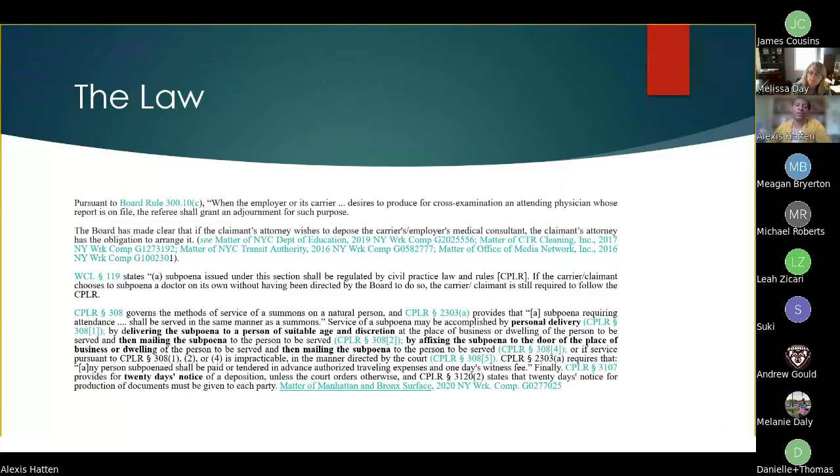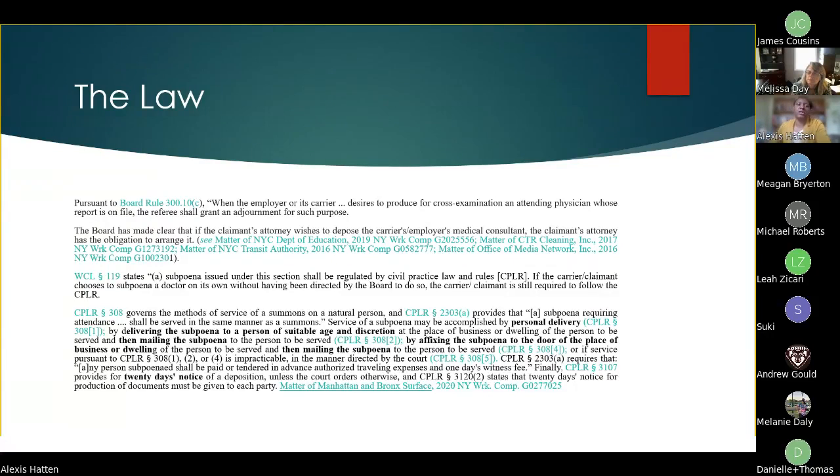So where we typically get them is failure to comply with the CPLR service. Typically, they mail the subpoena to the doctor, but that's all they do. And if you're going to mail it, you have to affix it to the doctor's place of business, and then mail it, or serve it on a person of suitable discretion and age, and then mail it. They don't do that.